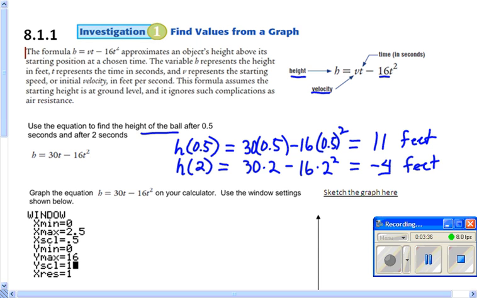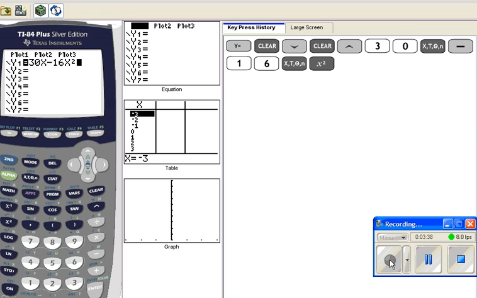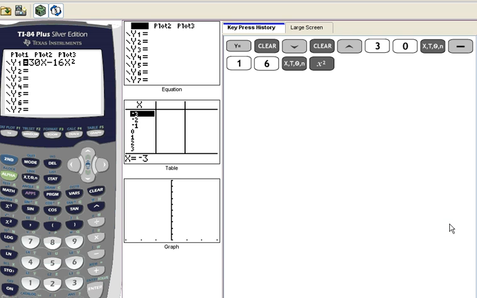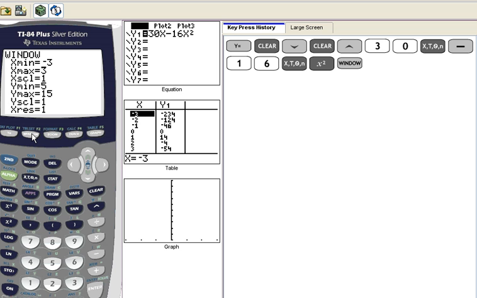Let me get my calculator going. So here's my equation, and I put that in. Now I need to make a graph of this. The first thing I'm going to do is change my window. I know that after 2 seconds the object has hit the ground, so I really don't need more than 2 seconds, and I don't need negative seconds. So I'm going to let my x max be 3.